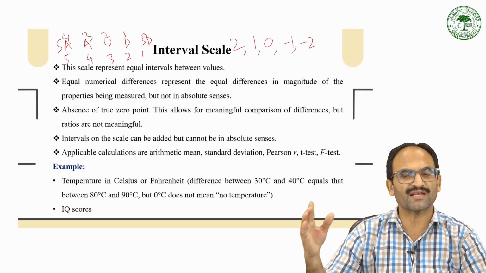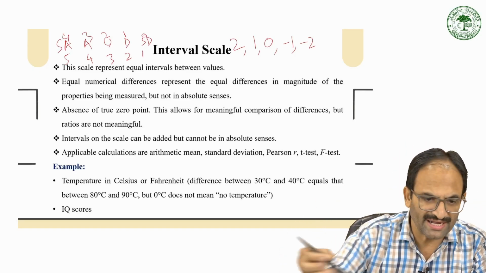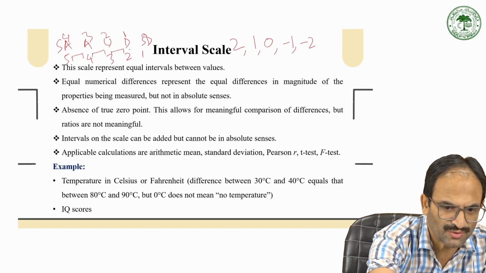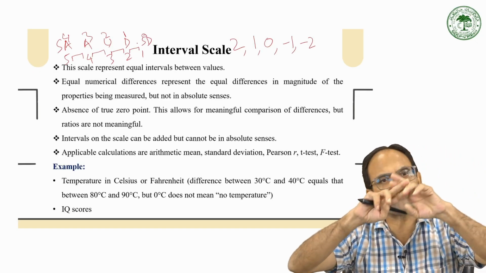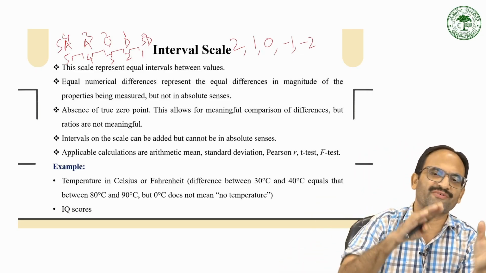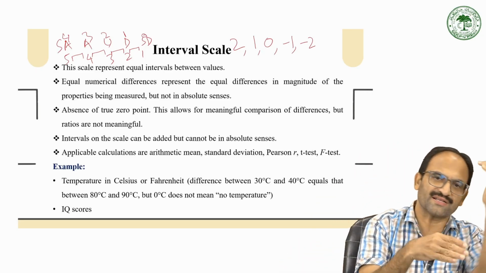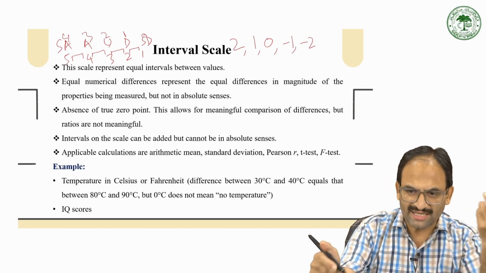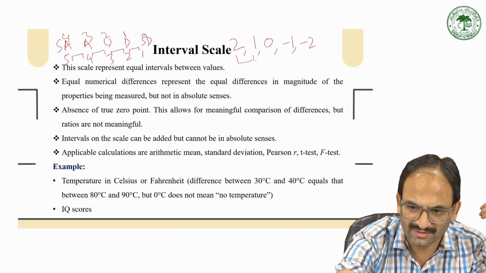Why is this an interval scale? Because you will find the successive difference between the intervals is the same. So the difference between 5 and 4 is the same as the difference between 4 and 3, and as the difference between 3 and 2, and as the difference between 2 and 1. Similarly here, if you see, again the difference you will find the same.